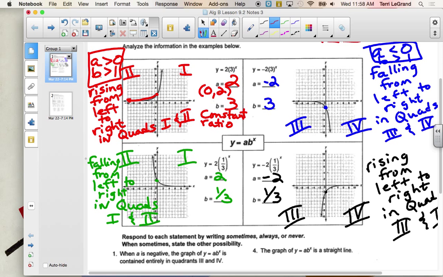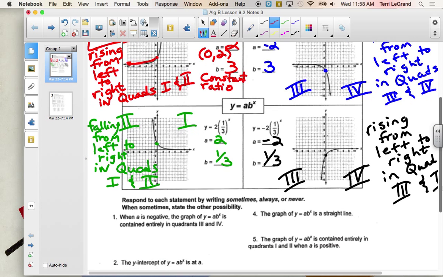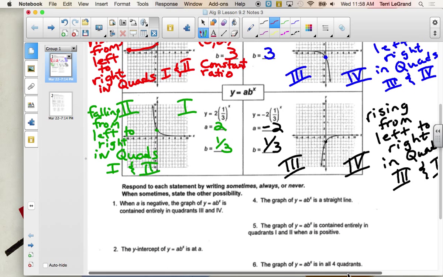Okay, now let's go over and check out this one down in this corner. What do we have here? A is a positive number, and B is between 0 and 1. Let's come up with a different positive A value and a different fraction for B. Okay, so clear it out in y equals.